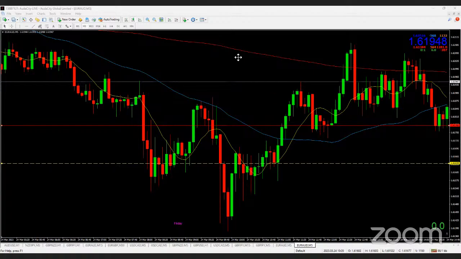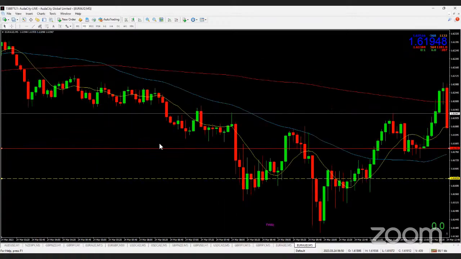Obviously the confluence there is that we have the 200, the 50, and the 10 SMA lined up the way we want. Okay, guys, I don't know if there are any more questions. Let's look for a bullish example as well. But like I say, it's a powerful strategy.